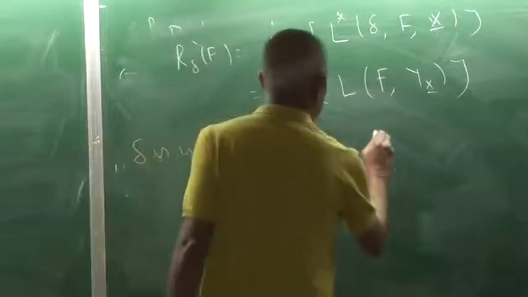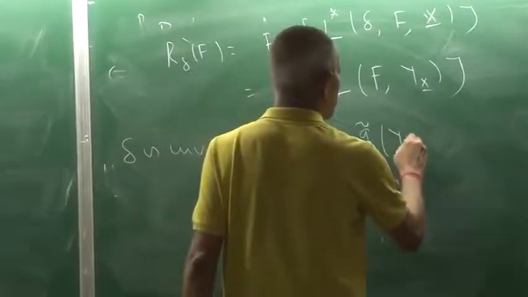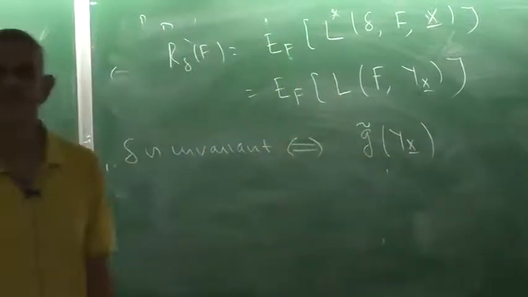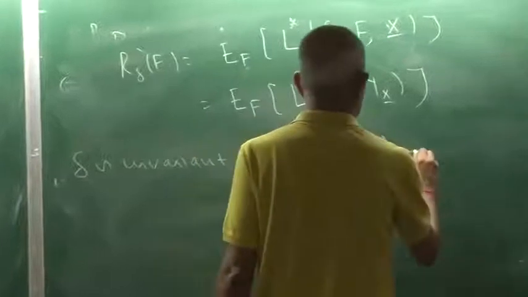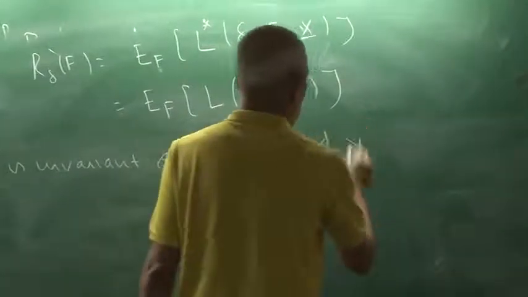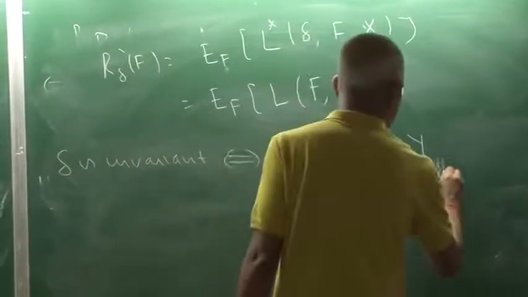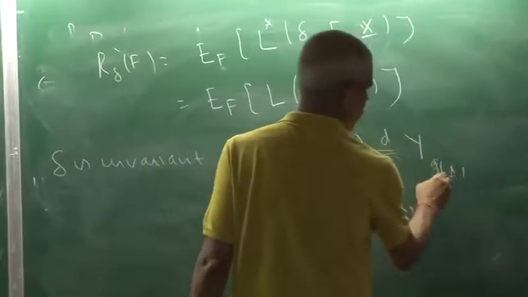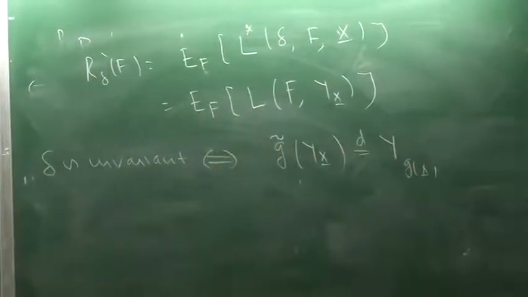If I convert the action of the first problem, it becomes G tilde of yx. And that should be same as y of gx, because these are actions in the second problem. Second, you're observing gx and using the same decision rule y, or the same random variable y.